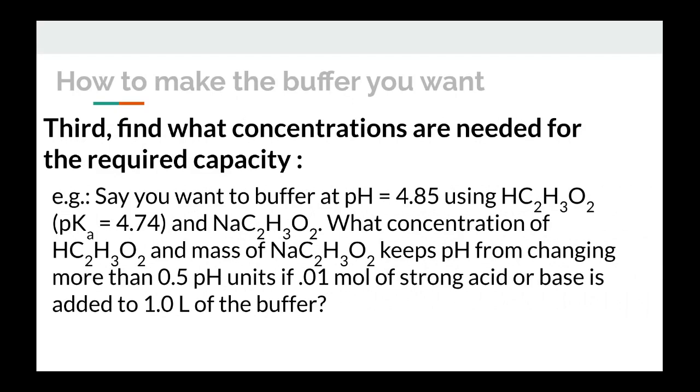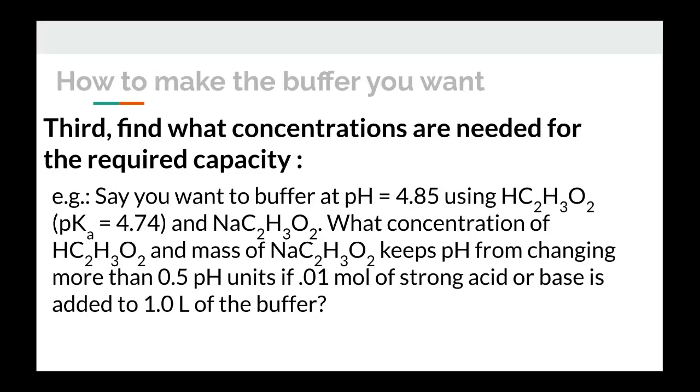What concentration of acetic acid and what mass of sodium acetate keeps the pH from changing more than 0.5 pH units if 0.01 moles of strong acid or strong base is added to a liter of the buffer? Now, what we saw from the work that we did previously is that to dial in the pH to 4.85, we have to have the moles of acetate ion be greater than the moles of acetic acid.